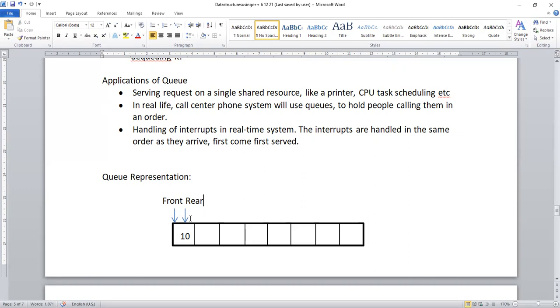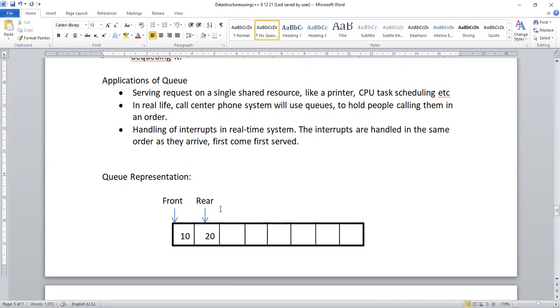To insert an element, the rear pointer will move forward. So rear will move here, then I can insert the element 20.